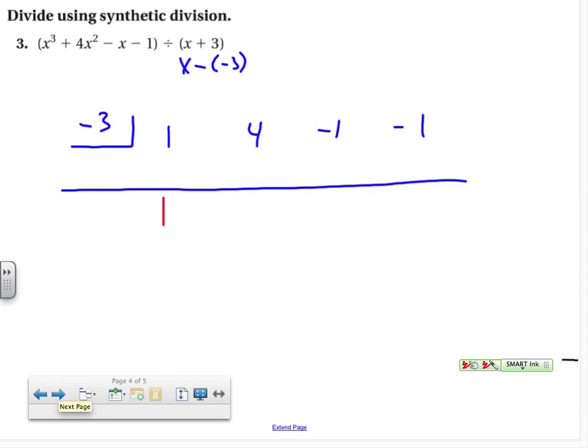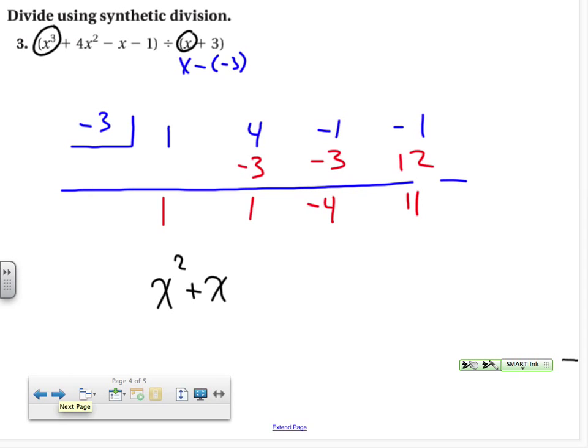Add, multiply, add, multiply, add, multiply, and here we got 11. So our answer, since this is x cubed, when you divide by x, you get x squared. So the degree of our answer is x squared. So it's 1x squared plus 1x minus 4 plus our remainder over our divisor.